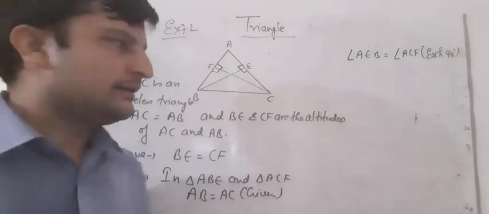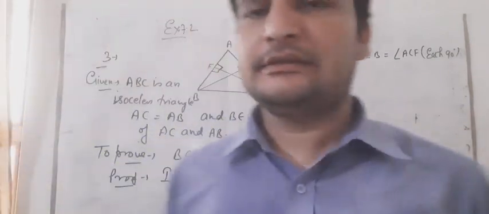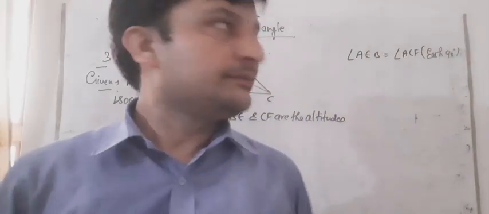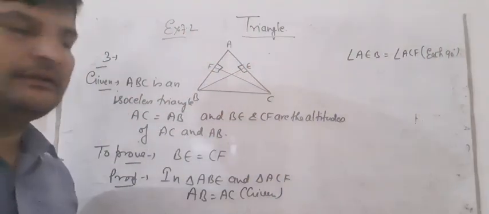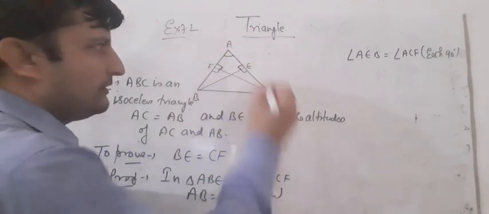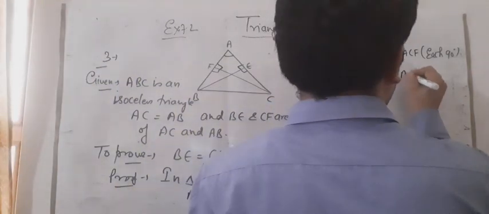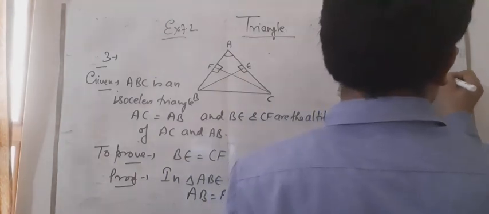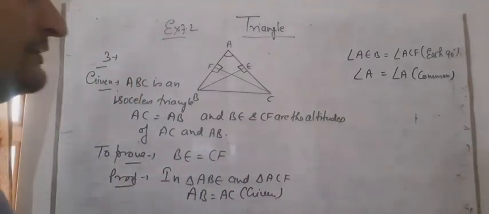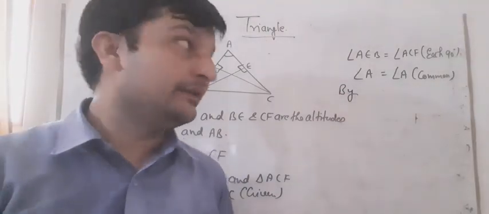Now students, look here. Two things we have shown: AB is equal to AC, we know this now, and similarly angle AEB and angle AFC, it is given that each is 90 degree. Now in these two triangles we can say that angle A is common or not? Angle A is common here, so angle A is equal to angle A. It is common because this angle is coming in both the triangles. So now student, look here, by using which property?